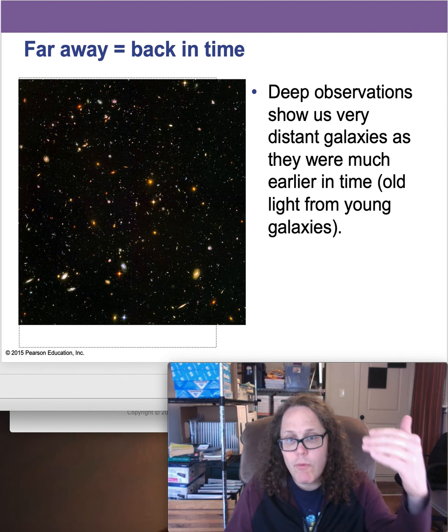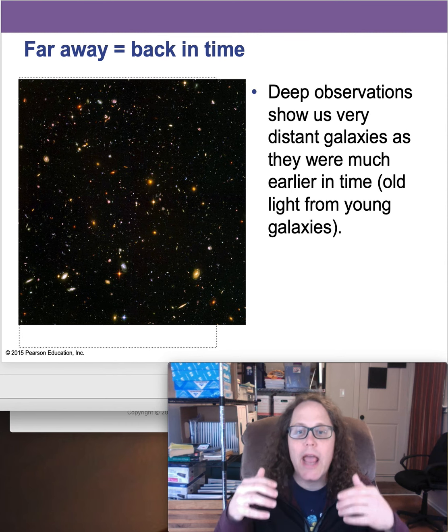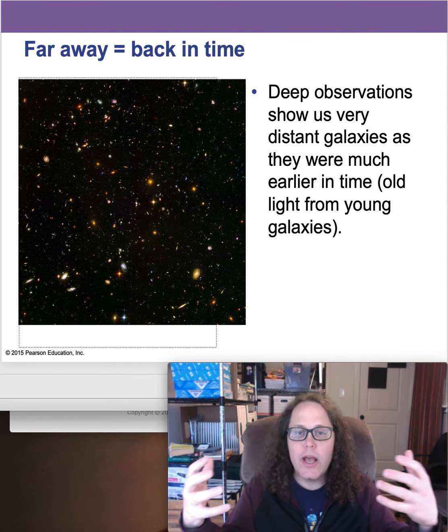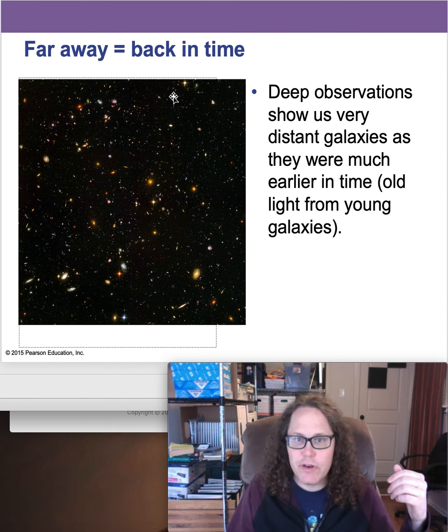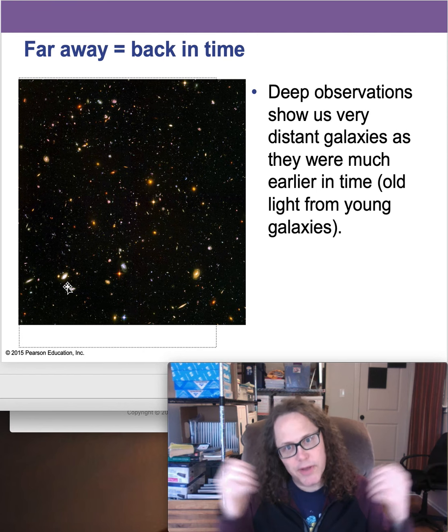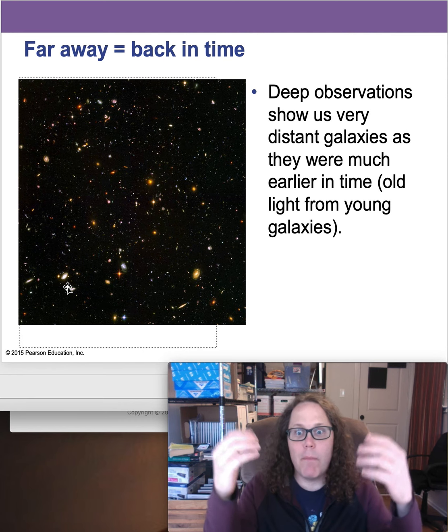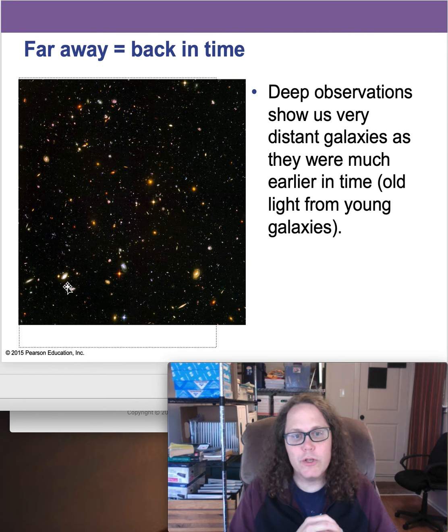So the farther away you look, the farther back in time you look, which is why when you look at an image like the Hubble Ultra Deep Field, you are actually seeing the evolution of the universe in real time. You can see galaxies that are brand new, which means you're looking at the present day. You can see galaxies that are a billion light years away, which means you're seeing the universe a billion years in the past.